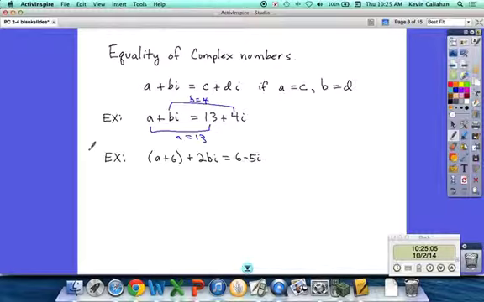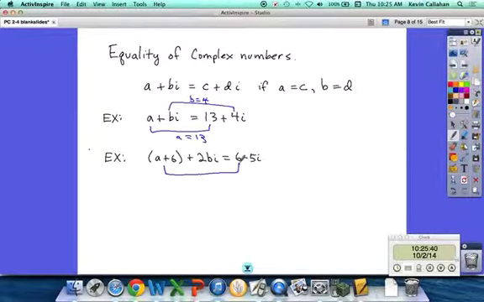But sometimes to make these problems more interesting, there's actually a little bit of calculation you've got to do. So here, a plus 6 in parentheses, that's the real part, plus 2b times i, that's the imaginary part, equals 6 minus 5i, right? How can I set up an equation that I can solve to know the real part here? Basically, these things usually you're solving for a and b to make these equal. What should I say about the real parts? a plus 6 equals 6, right?